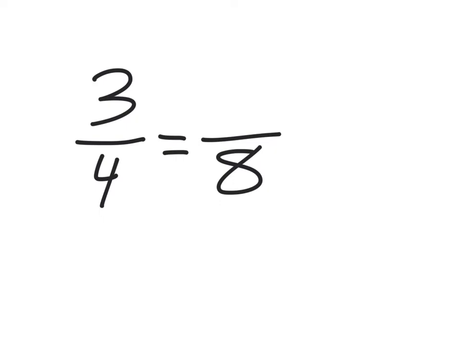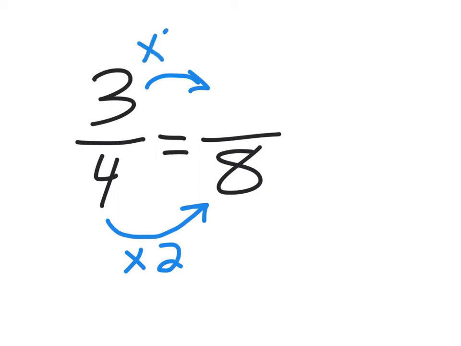So once again, we have to think, what did I multiply at the bottom in order to get from 4 to 8? I had to multiply by 2. So we're going to have to multiply that top number by the same thing. Up here I'm going to multiply by 2. And what is 3 times 2? Well, that gives us 6.